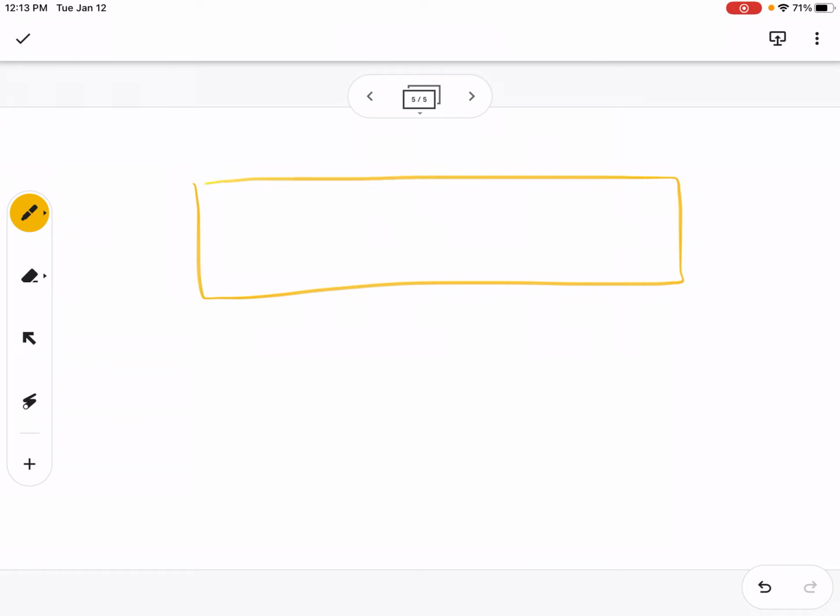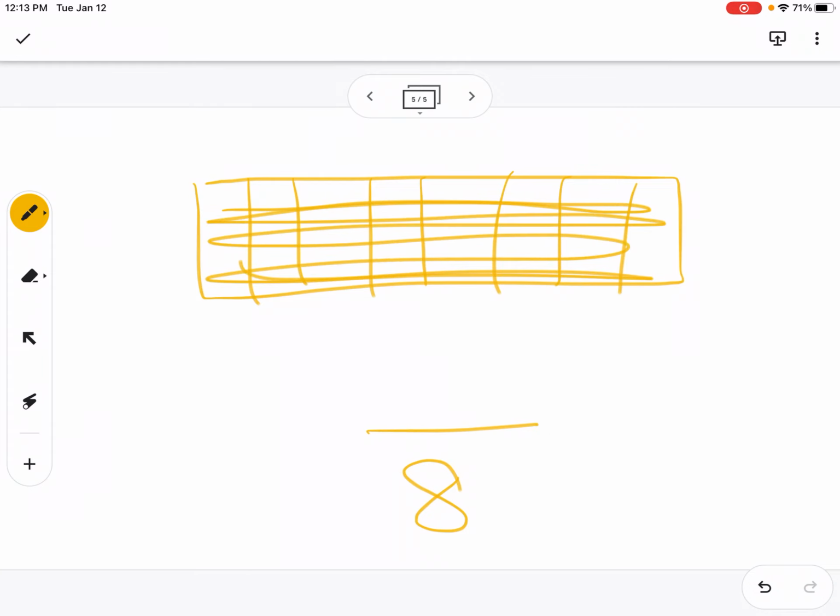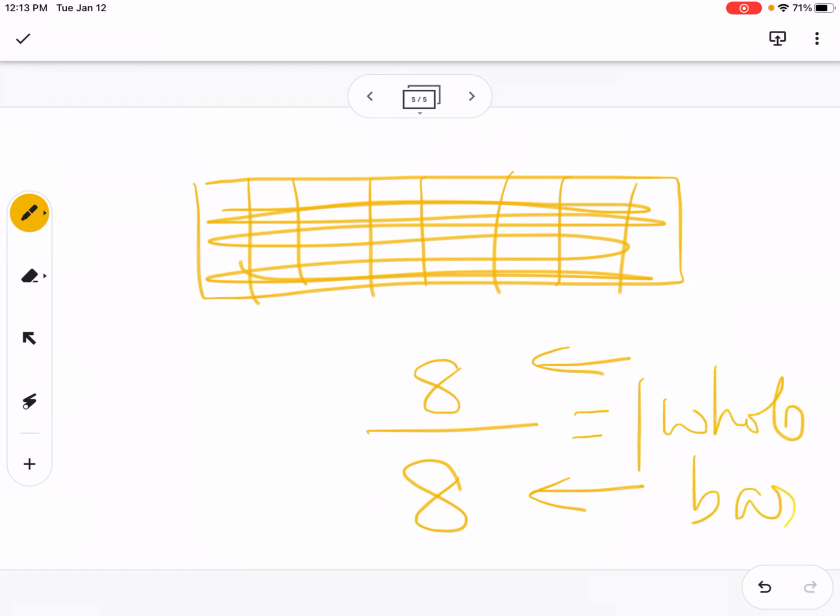Well, there's the chocolate bar, broken into 2, now 4, now 8 parts. Bottom number 8, how many parts to make a whole? Let's say I've got the whole thing. How many pieces do I have? Well, 8 parts to make a whole, that's the bottom. I have all 8. Well, if it's 8 parts to make a whole and I've got all 8, how much of the chocolate bar do I have? I've got 1 whole chocolate bar.